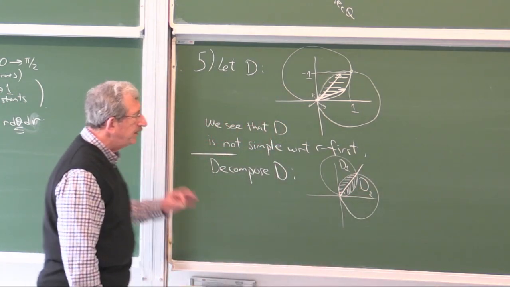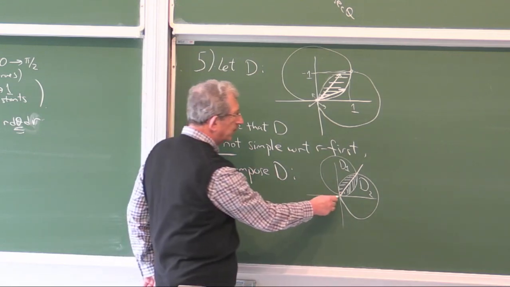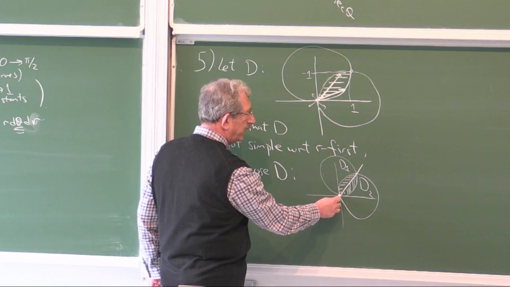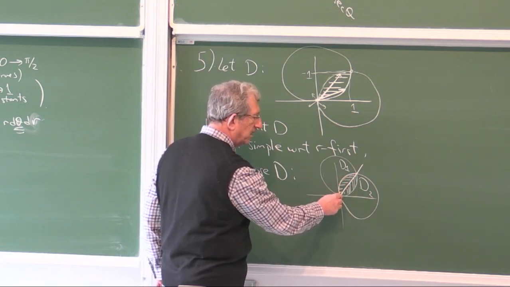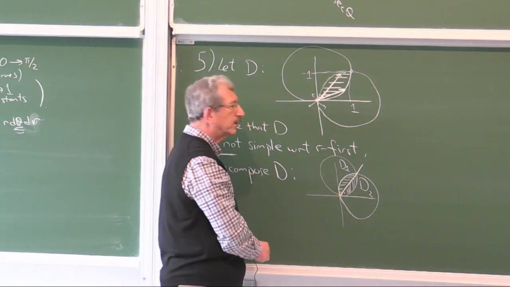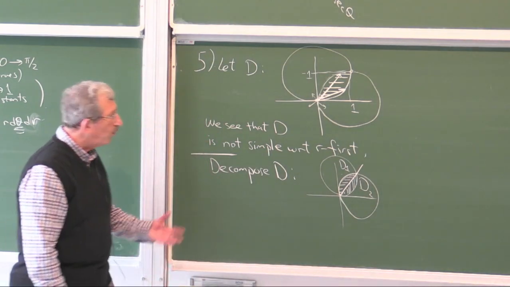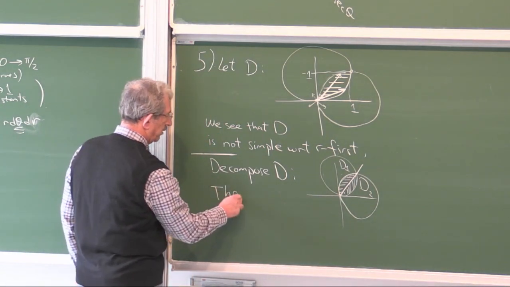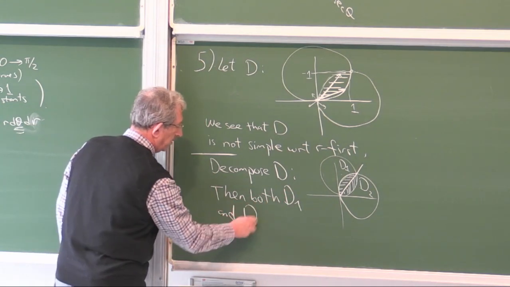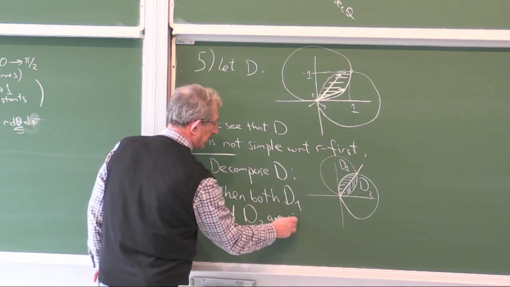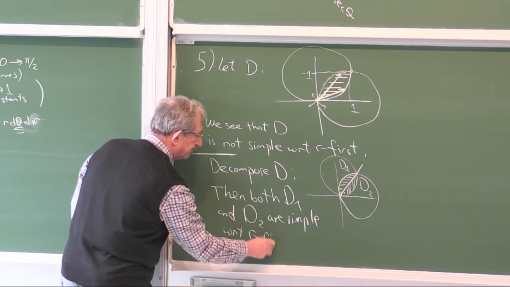Now, D1 and D2 are both simple regions with respect to r, because starting from the origin in D1, you always leave from this circle part, this arc, which belongs to the lower circle, and the opposite if you are in D2. And so, both are simple with respect to r first.